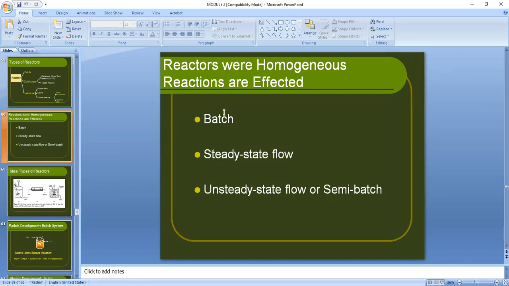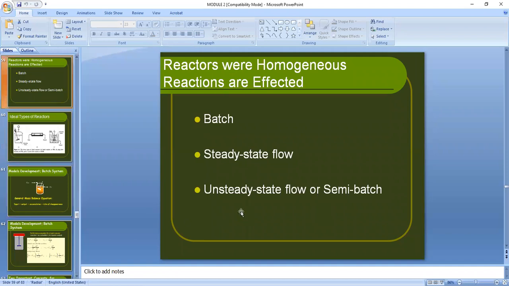So we have the batch, the steady flow reactors, the CSTRs again, and the PFRs. And we have the semi-batch or the unsteady state flow reactor. Again, not fully covered. Okay, we're not discussing this even in our regular course offering. Now we concentrate on the three ideal reactors.